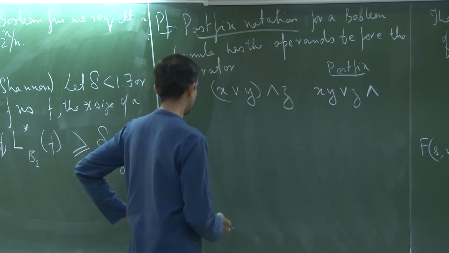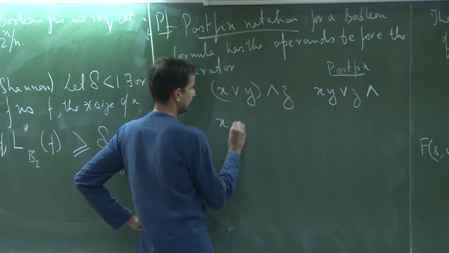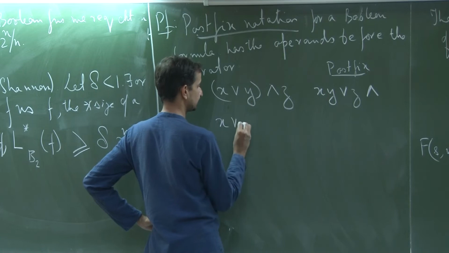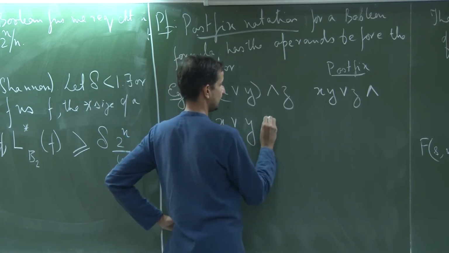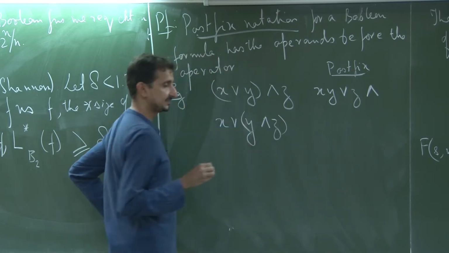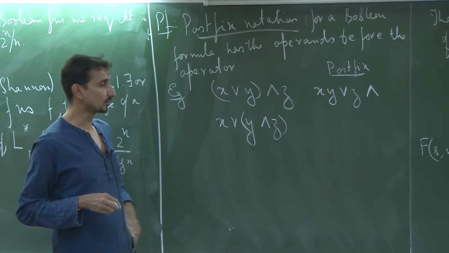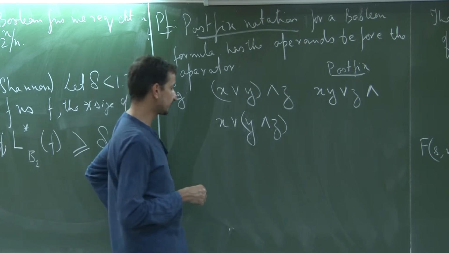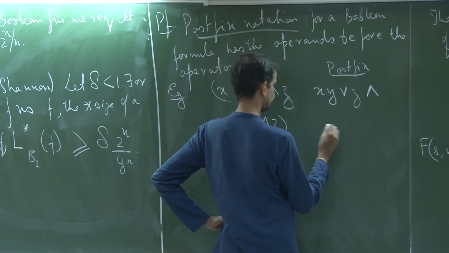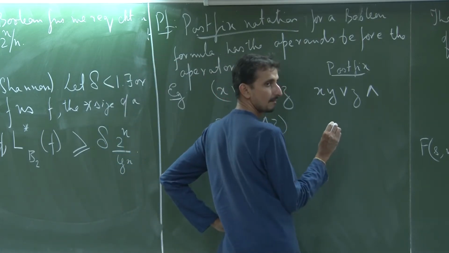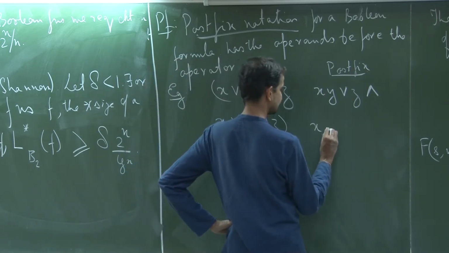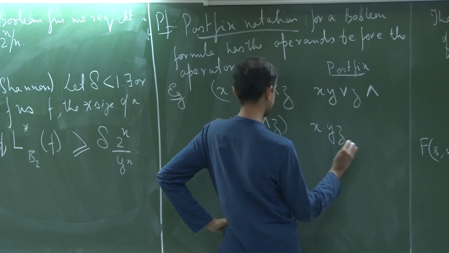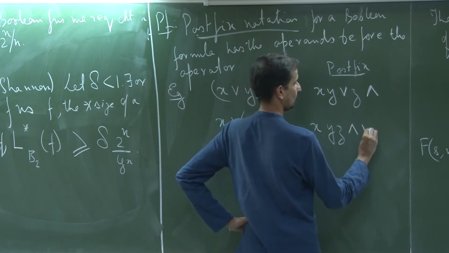Now, if I have x or y and z, where y and z is computed first, what would be the postfix notation? It would be x, y, z, and, or.